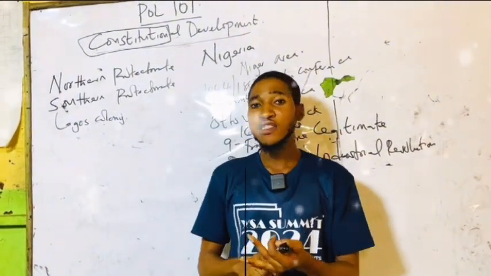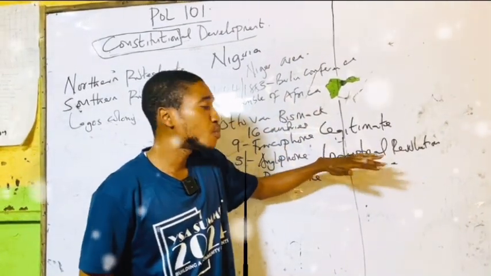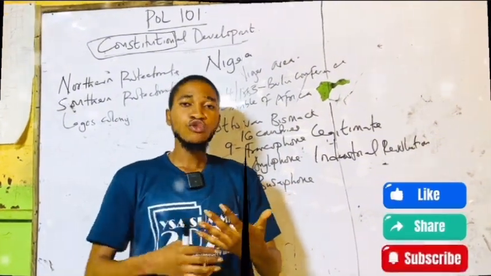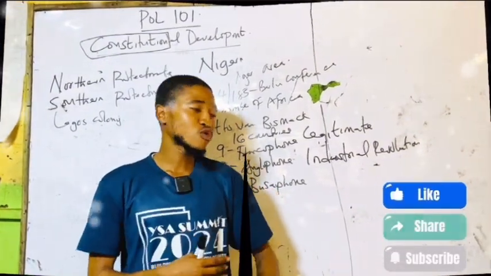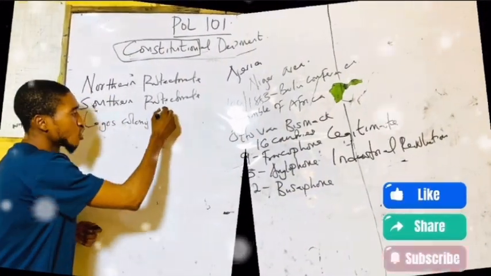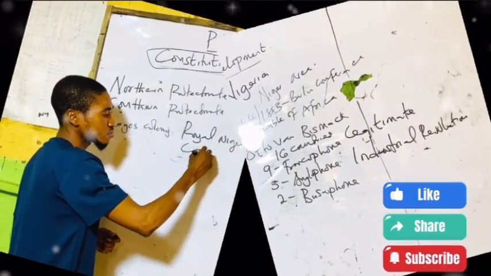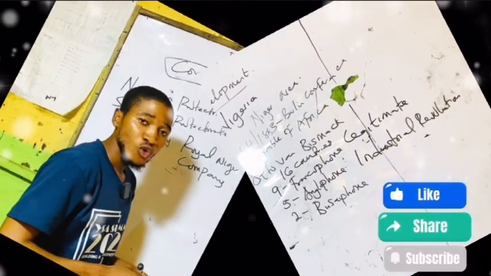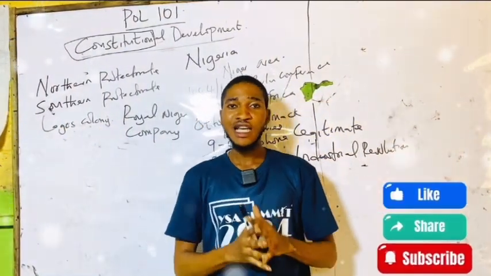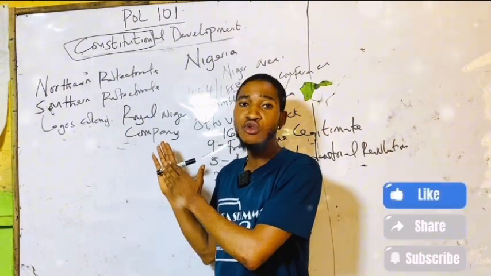They are looking for where to sell their finished goods. Now Africa was the perfect place for them to get raw materials and make them become finished products and give them back to Africans to buy. So they came to Nigeria, making use of what we call the Royal Niger Company. This company was based mostly in the eastern part of Nigeria. They were able to extract most of our resources and take them to Britain.